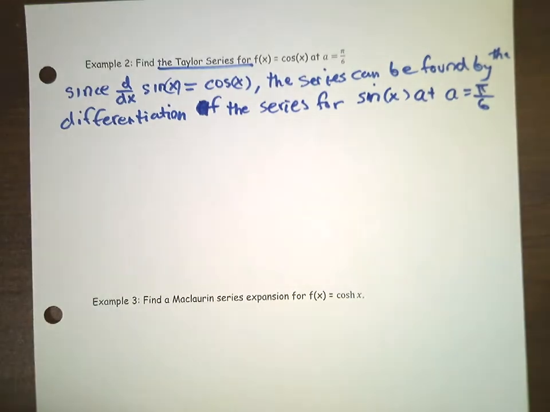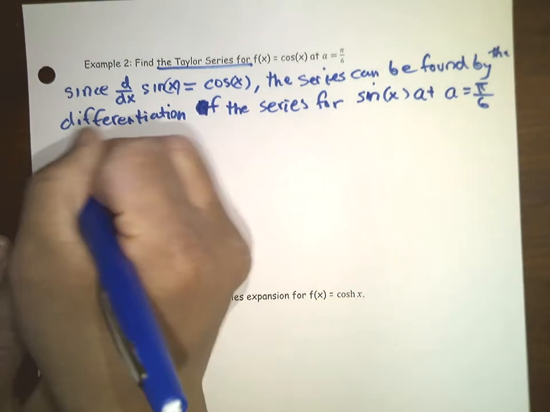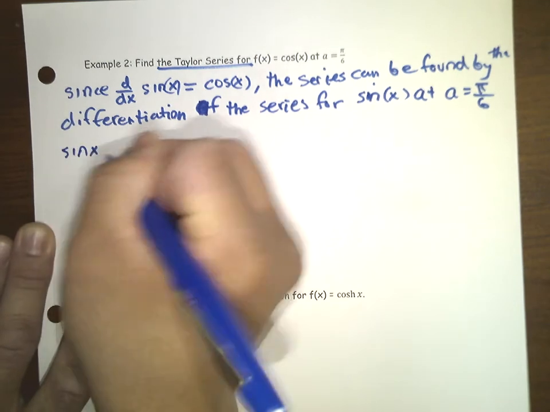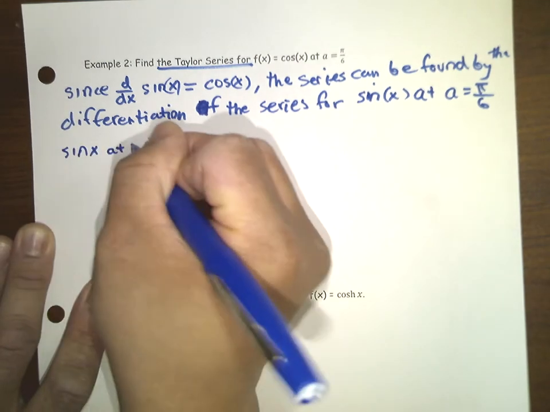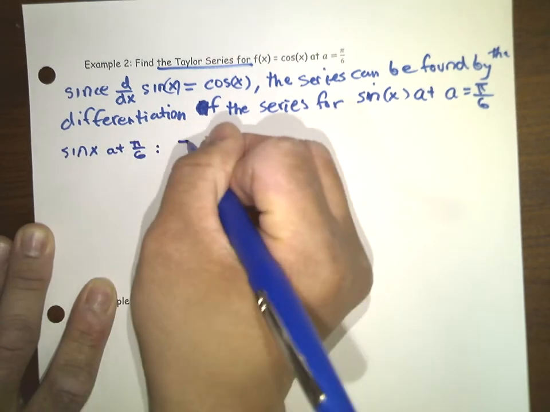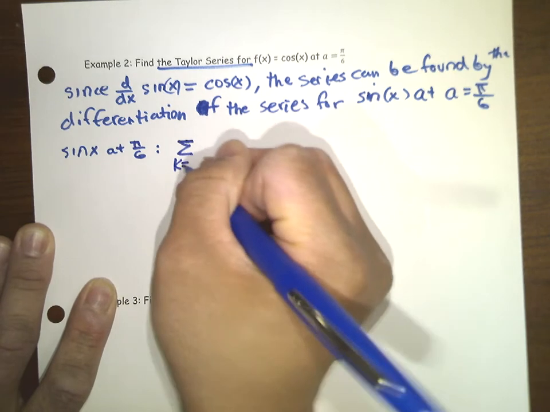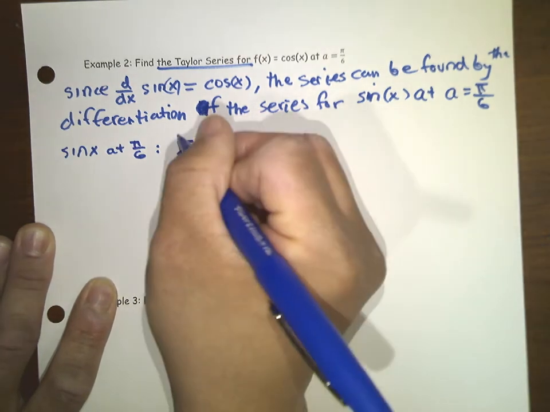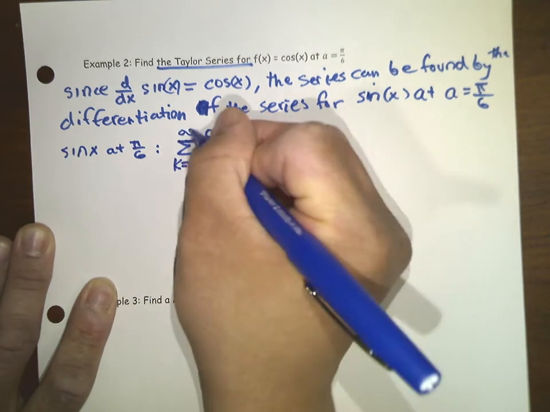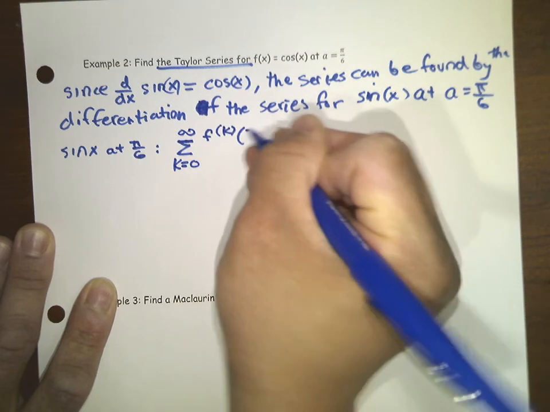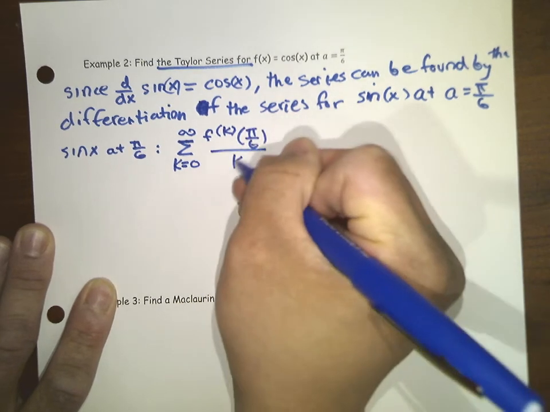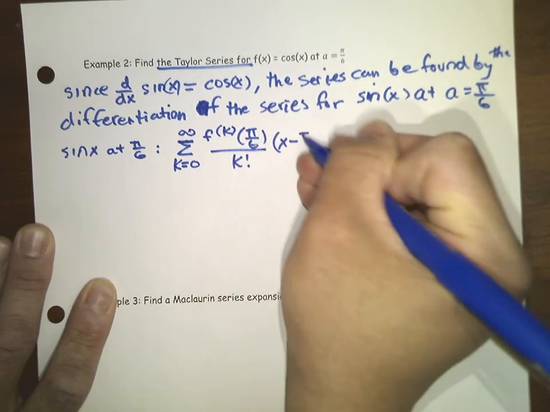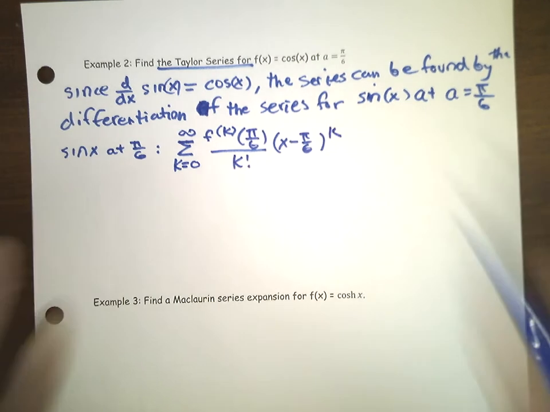So remember, that series was, for sine of x at pi over 6, the sum from k equals 0 to infinity of the kth derivative at pi over 6 over k factorial, and then x minus pi over 6 to the k power.